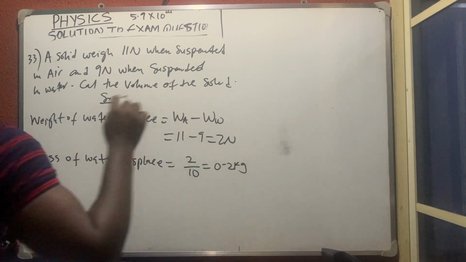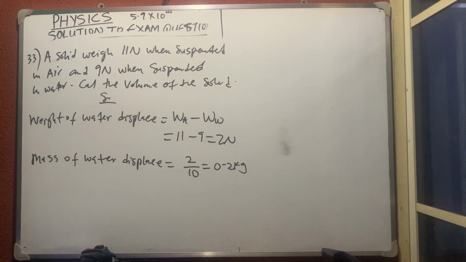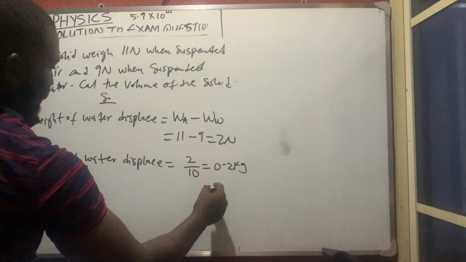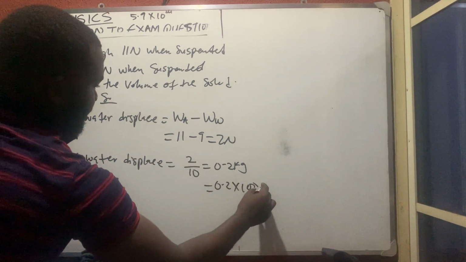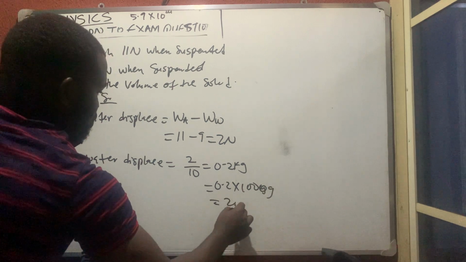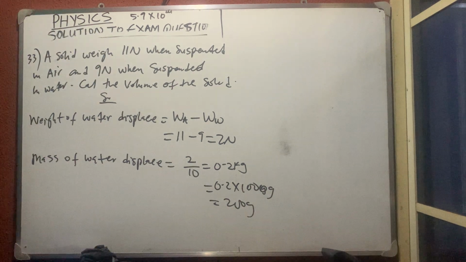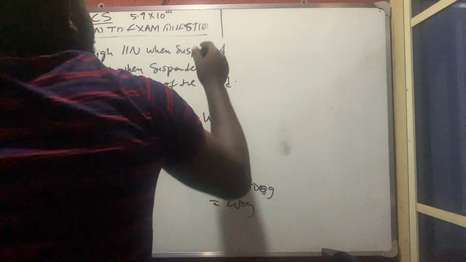That is 0.2 kilogram. Now we know that the density of water is 1 gram per cm cube. If you change it into gram, you have 0.2 times 1000 gram, which is 200 gram.